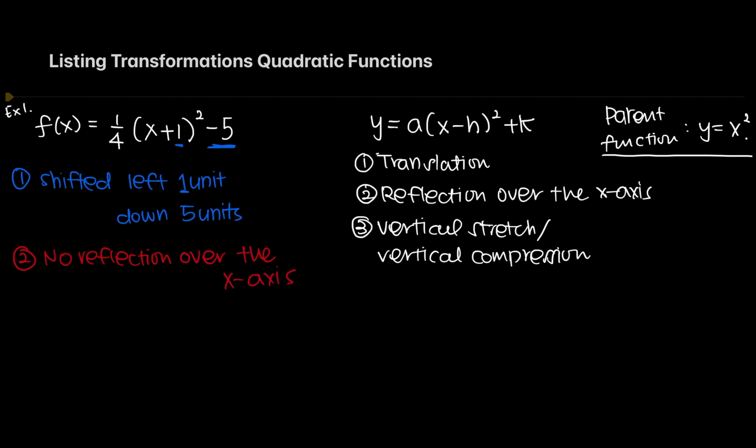The third one, we have vertical stretch or compression. Looking at a again, 1/4 here. Sometimes you'll have positive, sometimes you'll have negative, but for vertical stretch or compression, your factor is always going to be positive. You have to check if it's greater than 1 or less than 1. 1/4 is less than 1.